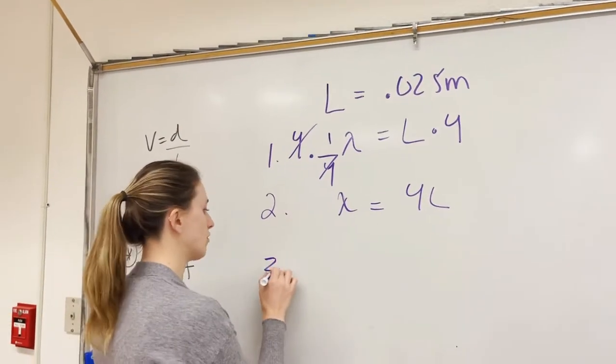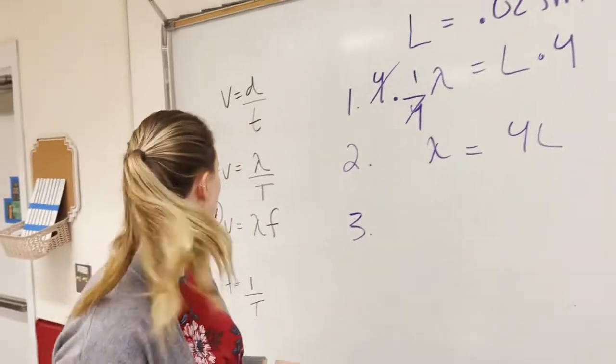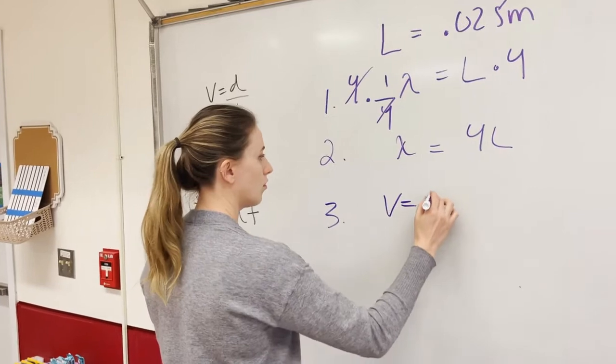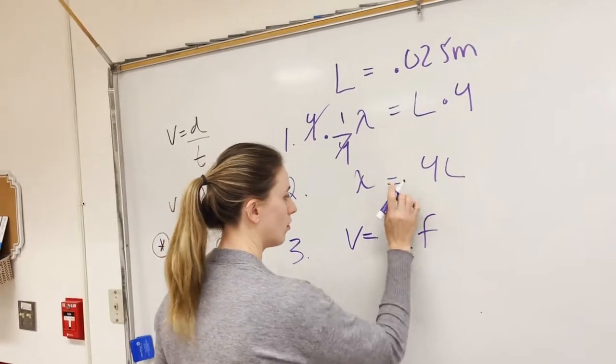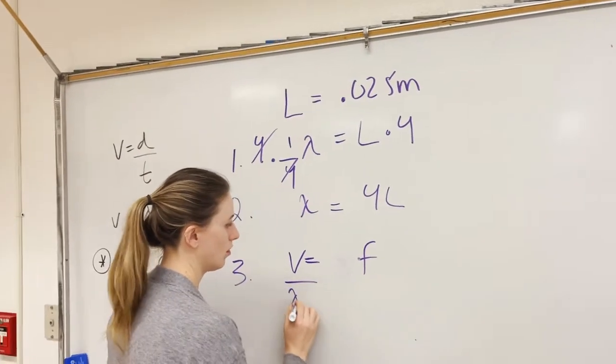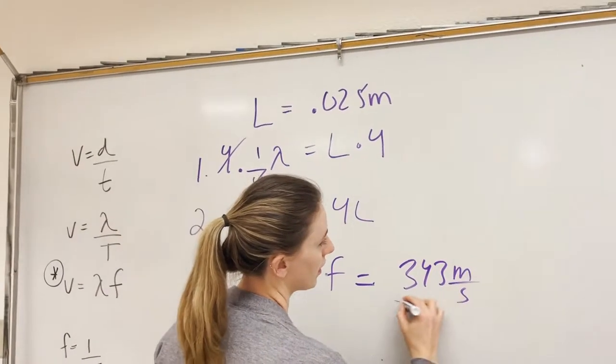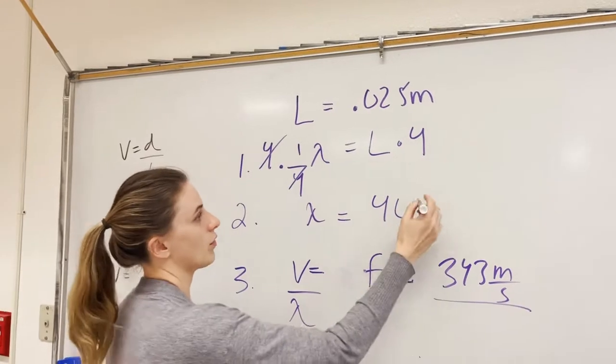Okay, all right, so what is the frequency? Let's see. We're dealing with this equation right here. The speed of sound is 343 meters per second. So 343 meters per second over our wavelength. Oh, I haven't calculated this yet.